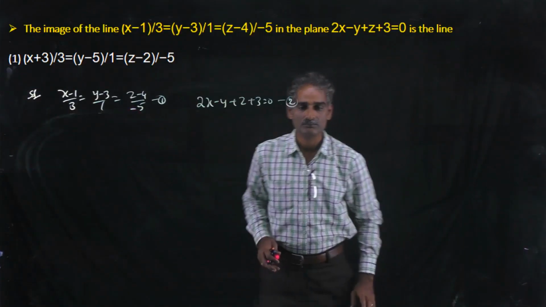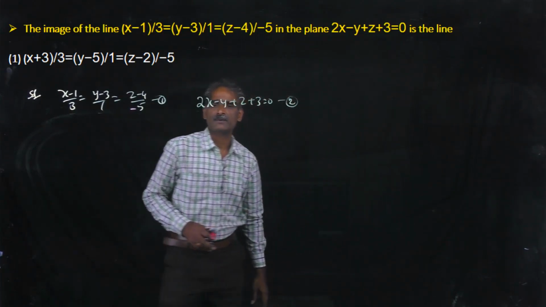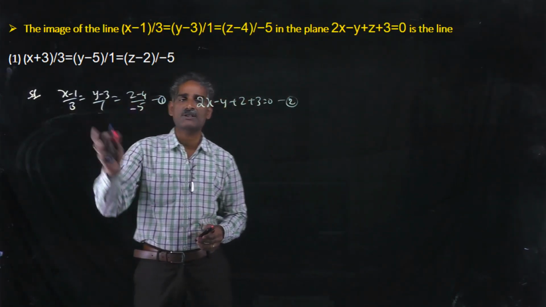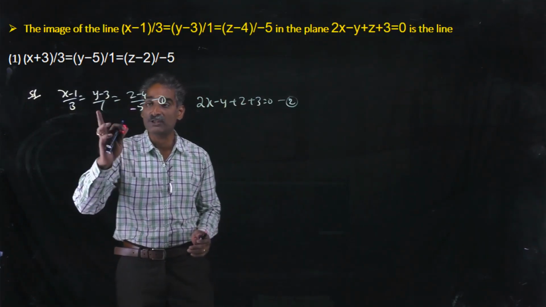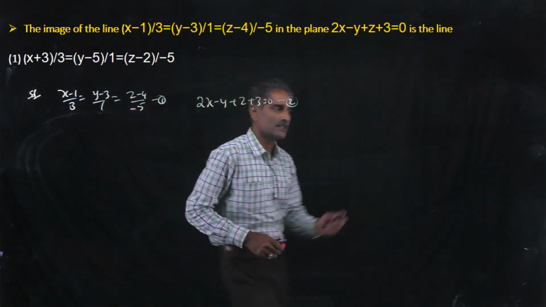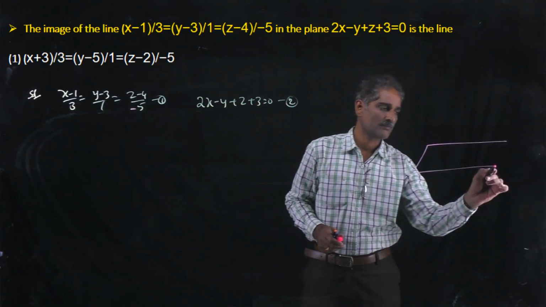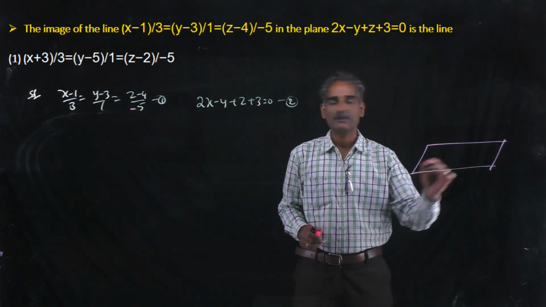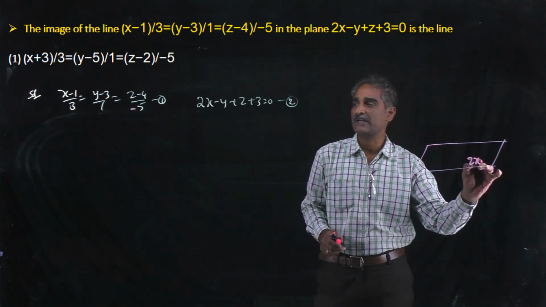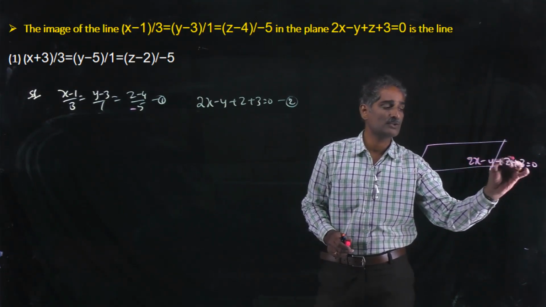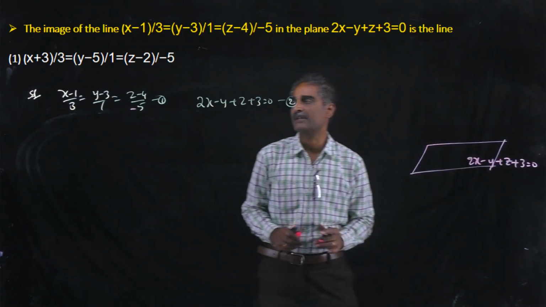Okay. See this problem: the image of the line with respect to the plane. This is the equation of the plane. How do we find the image of this line with respect to this plane? Suppose this is the position of the plane. The equation of the plane is 2x - y + z + 3 = 0.